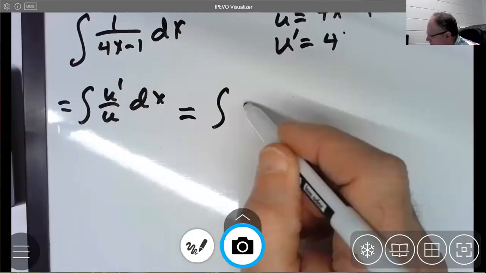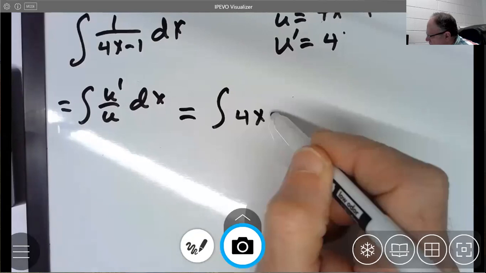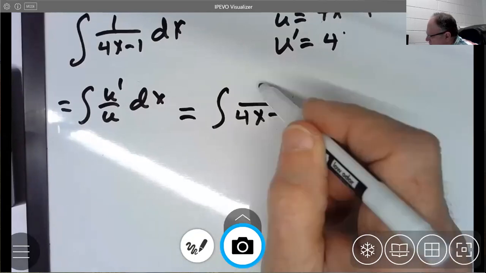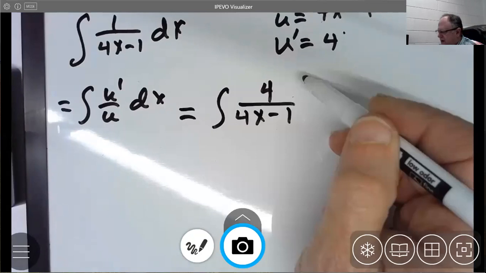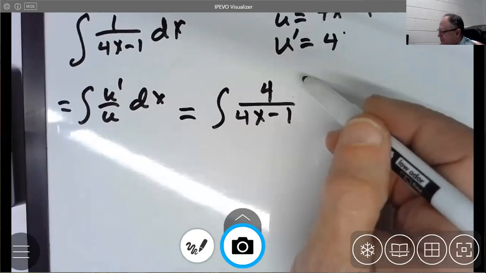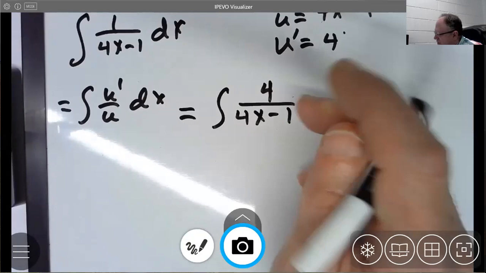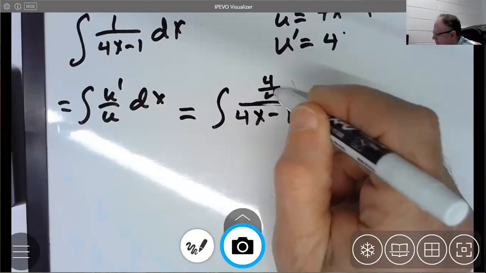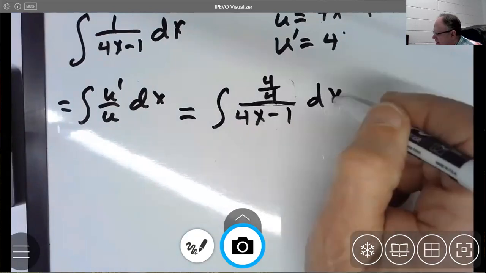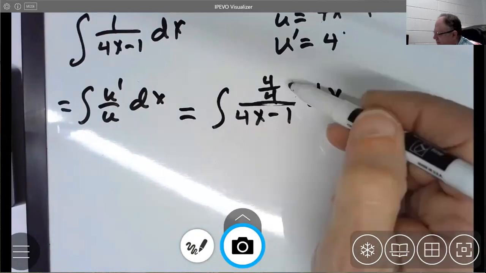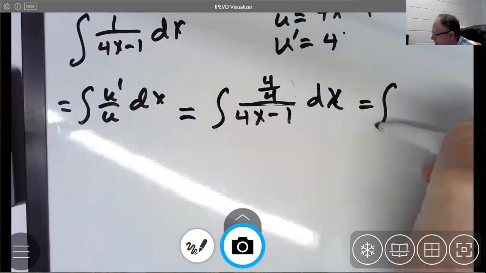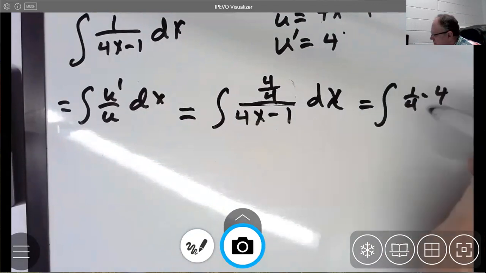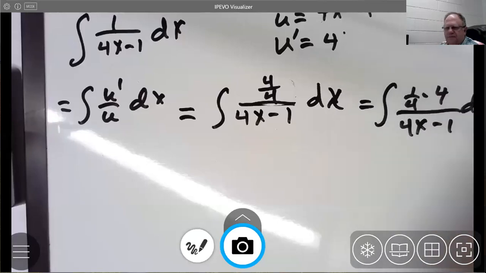So 4x minus 1 is our u, and so we need a 4 here. But we can't just put a 4 there. So what we can do is put 4 over 4. Because 4 over 4 is 1, we can split that: 1/4 times 4 over 4x minus 1 dx.